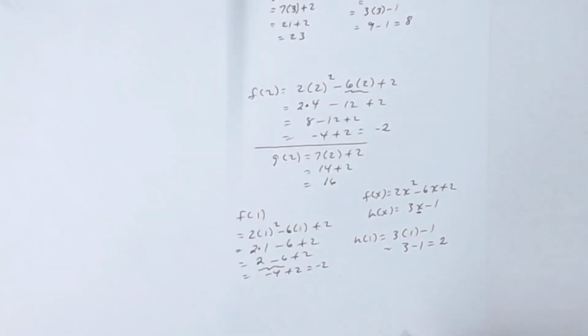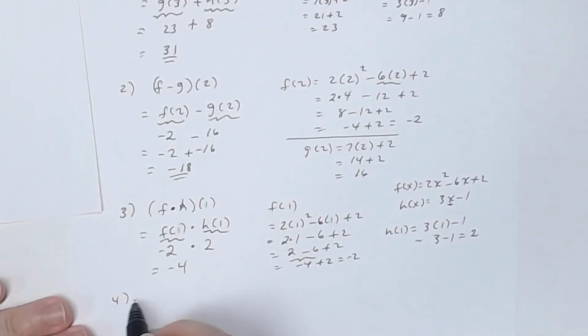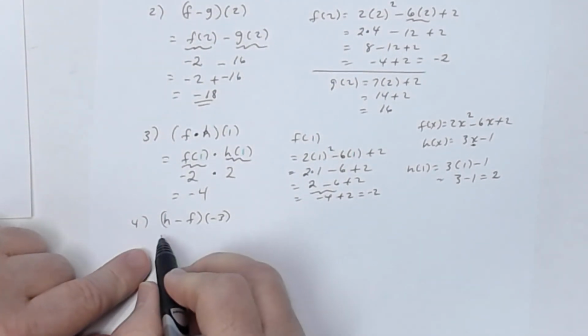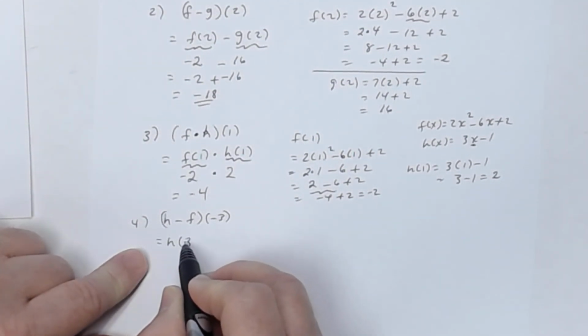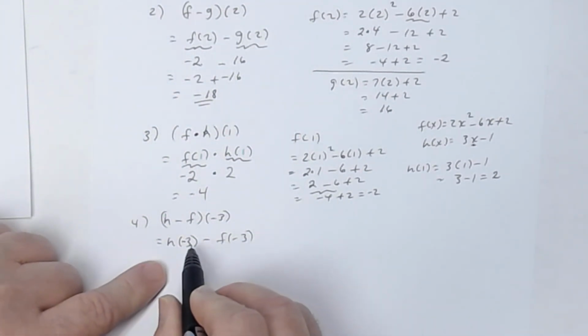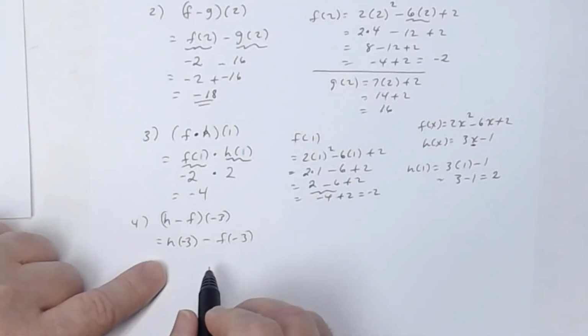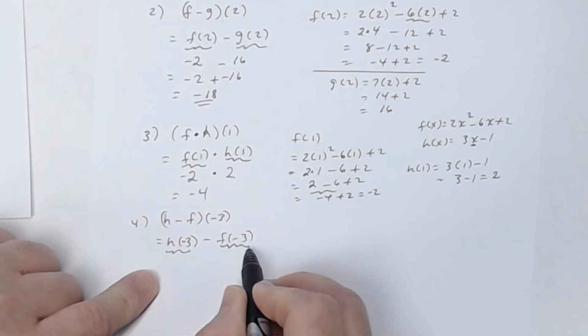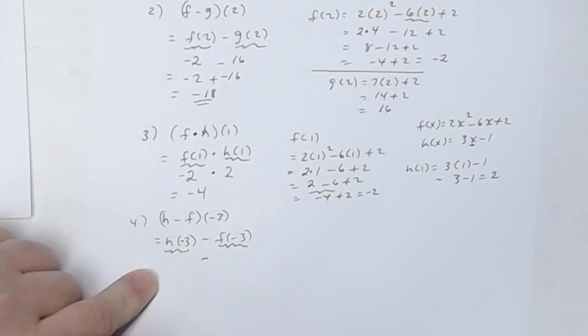All right, number 4, you want to find h subtract f at negative 3. By definition, this means h of negative 3 minus f of negative 3. So we have to find h of negative 3, then we have to find f of negative 3, and then we're going to subtract them.